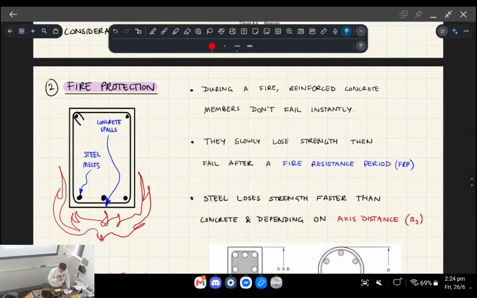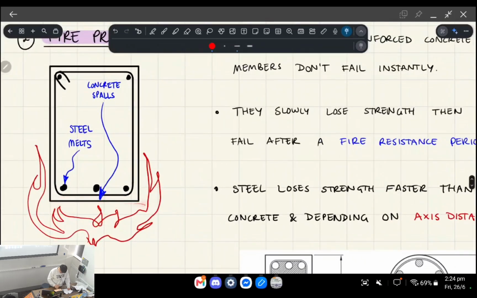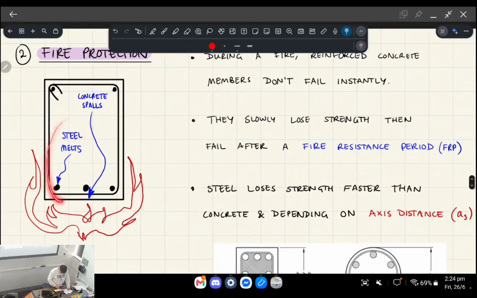Okay, so when there's a fire event, for a beam specifically that we're talking about, it will basically be attacking usually the bottom side of the beam, but sometimes the side as well. And essentially, it comes down to the rate at which your steel melts versus the rate at which your concrete spalls.